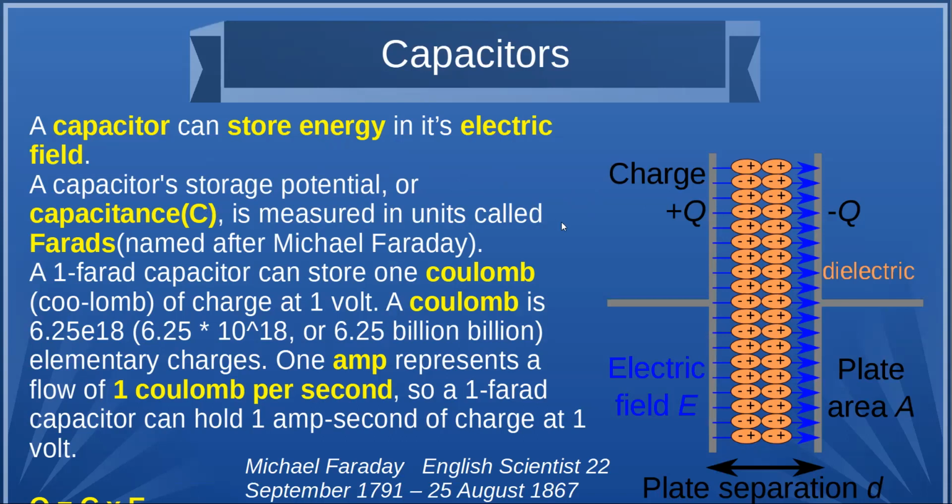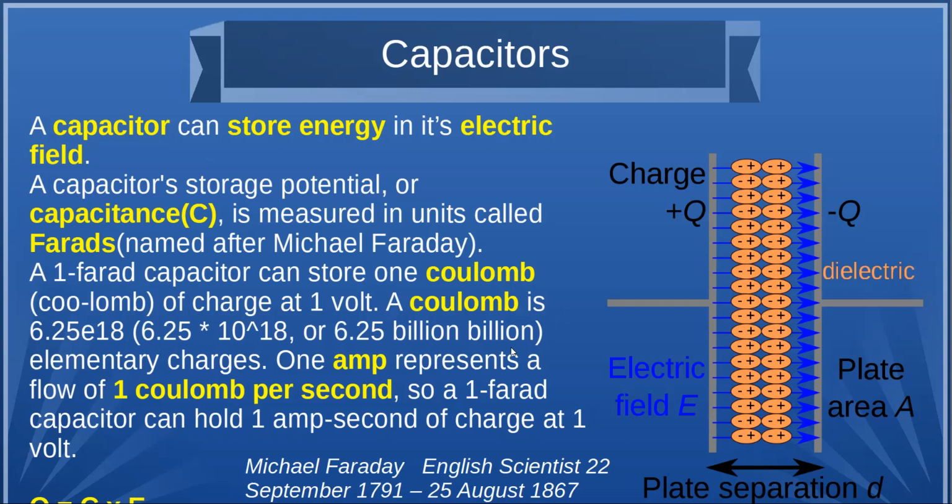We measure it in farads, named after Michael Faraday. Everything is named after somebody. And they decided that a 1 farad capacitor can store 1 coulomb, that's all those charges, at 1 volt potential.